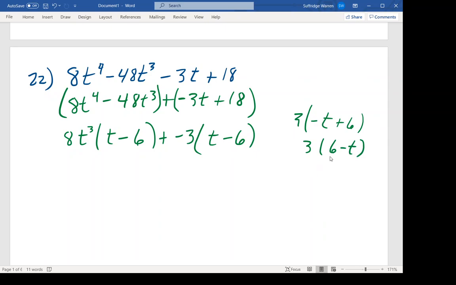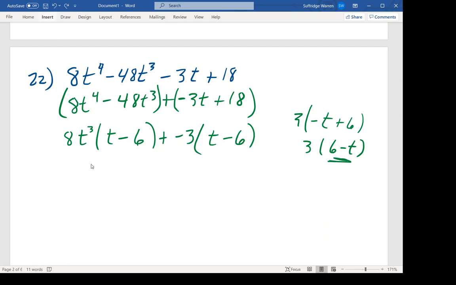And do you see then that you would have had 6 minus t and t minus 6? Those would have been opposites, so that you then would have had to have multiplied negative 1 by the opposite, which would take you to here. So by factoring out the negative 3 right there, saves you a few steps. Either way, it's perfectly fine.